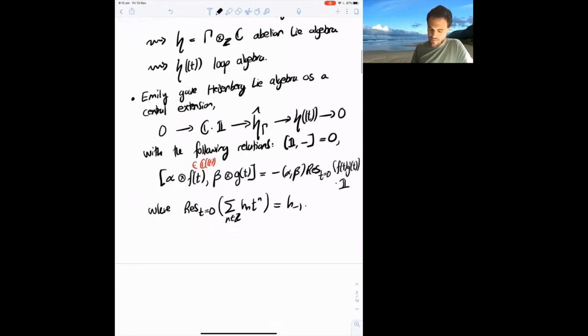Before I say that, let me remind you what the topology on this loop algebra is. The topology on the loop algebra, it's enough to give a basis of open neighborhoods of 0.